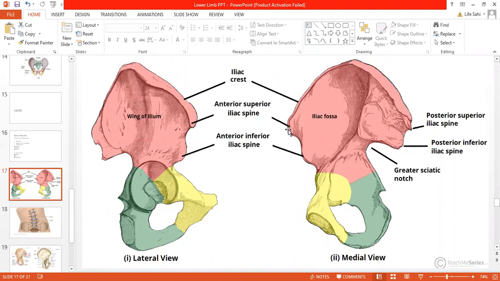It has two ends which form its anterior and posterior limitations. The anterior end is called the anterior superior iliac spine, whereas the posterior end is called the posterior superior iliac spine.